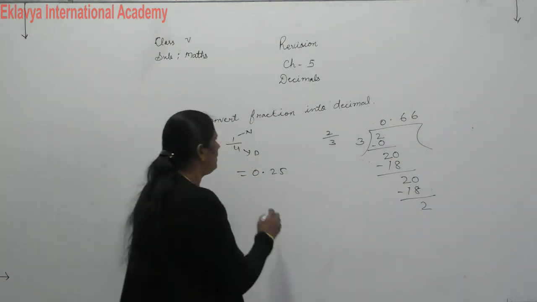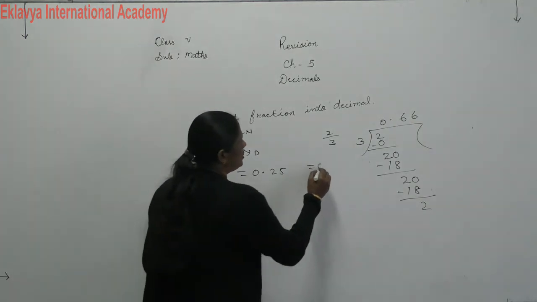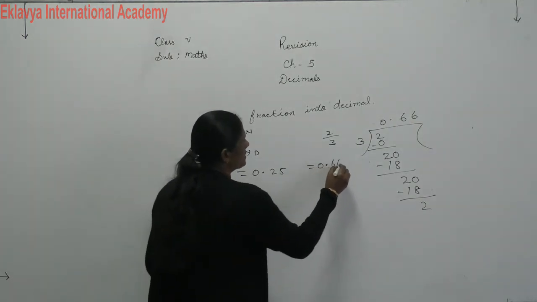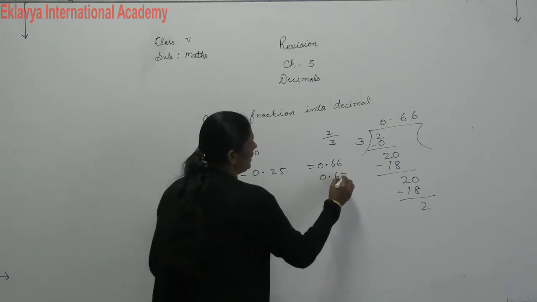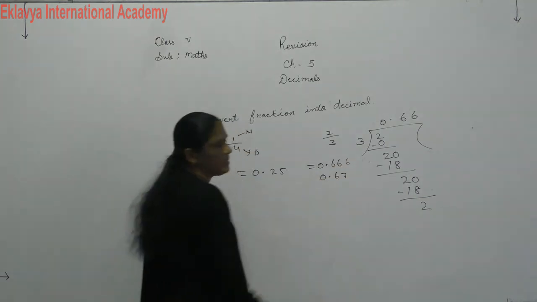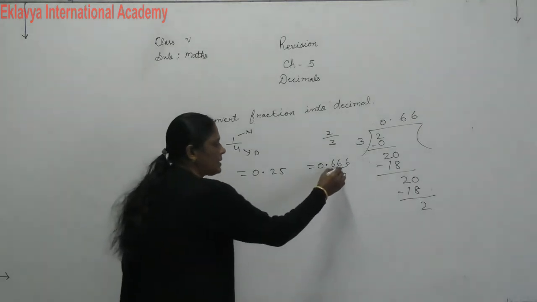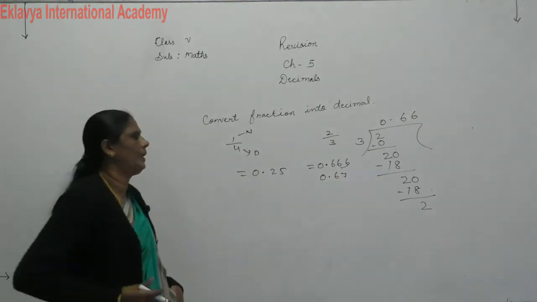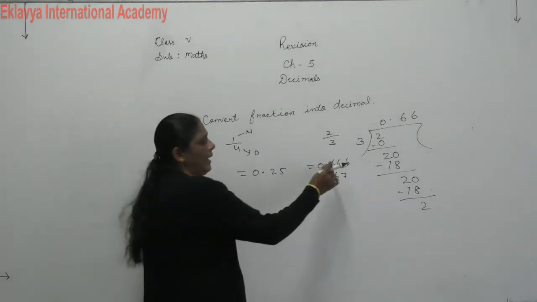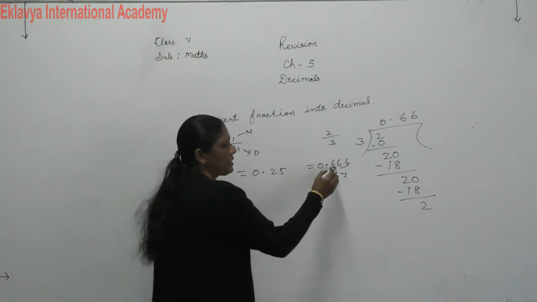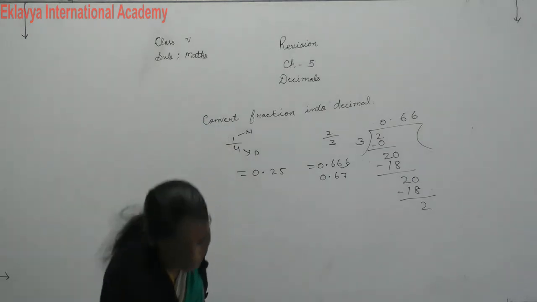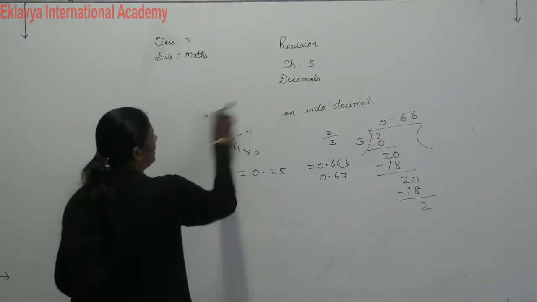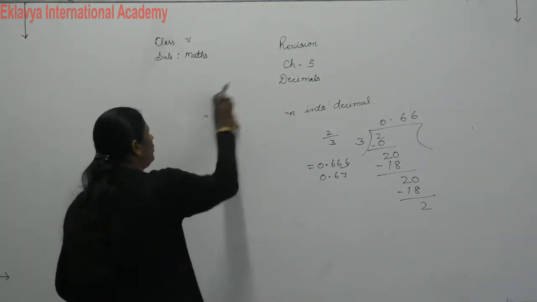We write this answer 0.66 or 0.67. Why we take 7? We round off this in decimal. Then the answer is 0.66 or 0.67. Then next, convert decimal into fraction.